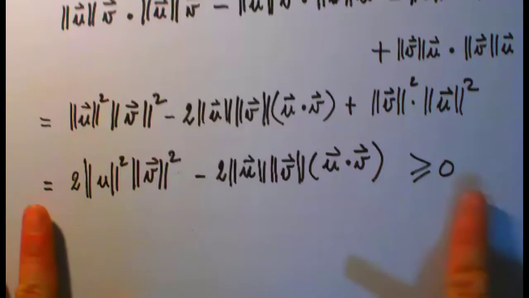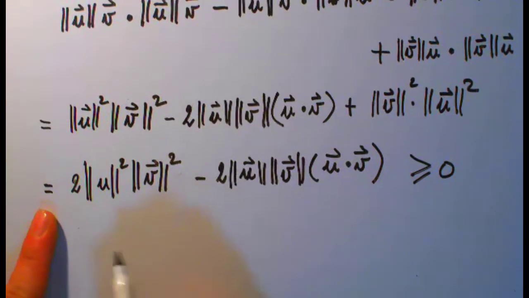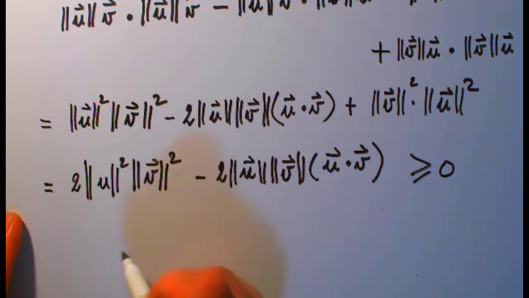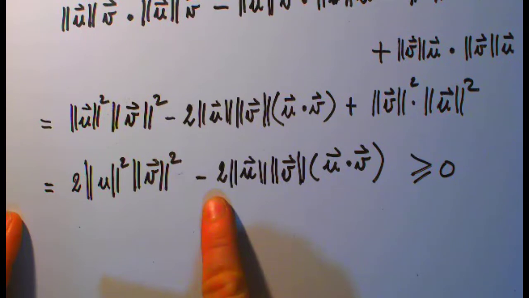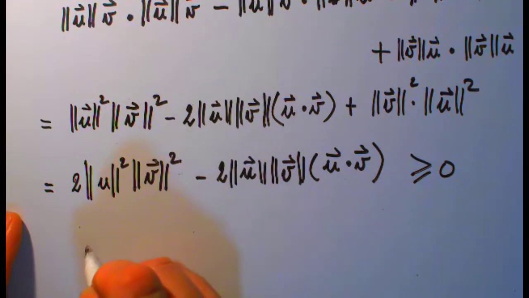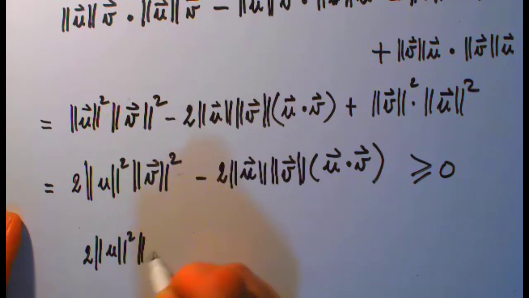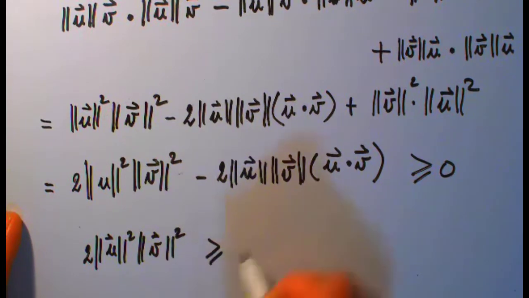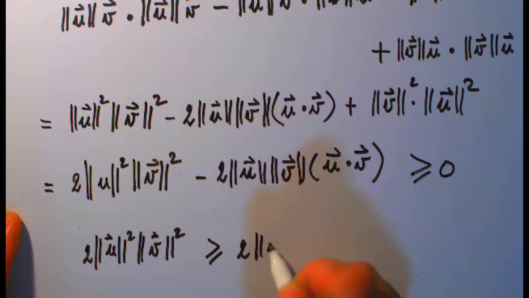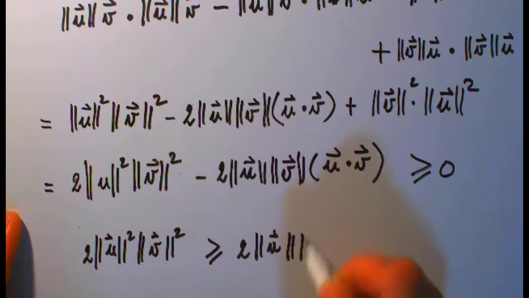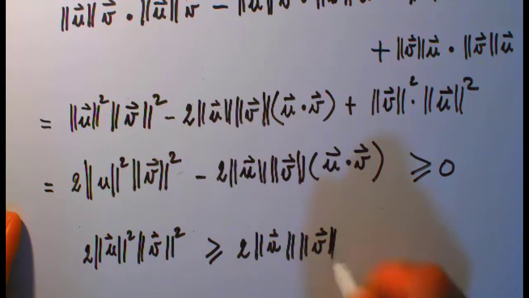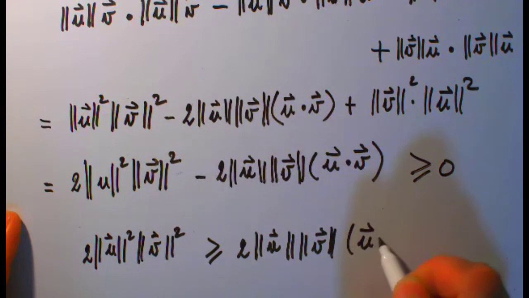And so what this final inequality indicates is that we can add that to the other side right here, and be looking at 2 times length u squared times length v squared is greater than or equal to 2 times length u times length v times u dot v.